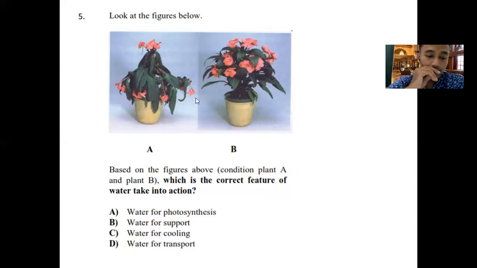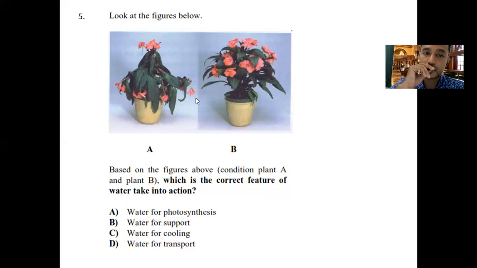So plant cells contain a lot of water, right? Especially inside their vacuoles, like you can see in the previous diagram. Inside the plant cells are big vacuoles, so they must have water inside. A plant cell that has plenty of water is strong and firm.